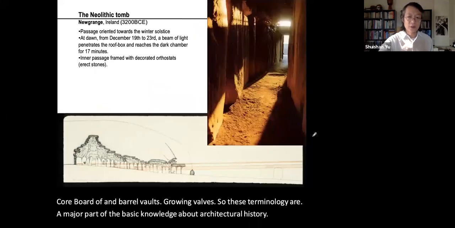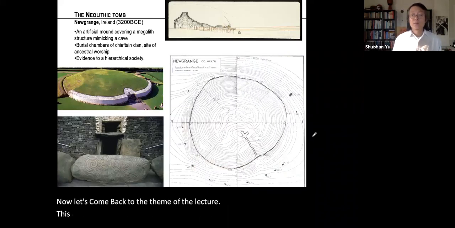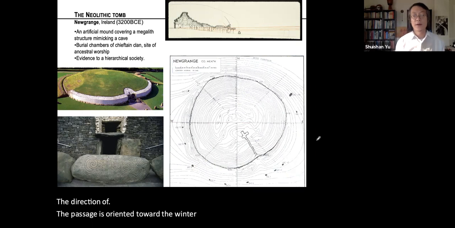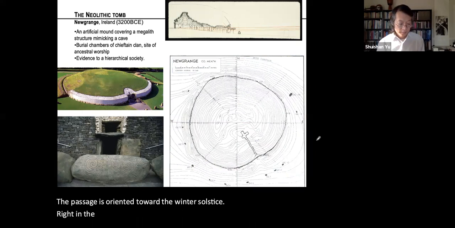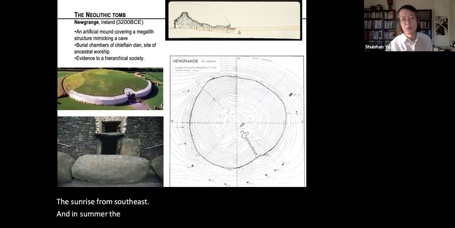Now let's come back to the theme of the lecture. This building is a defining time as well. The direction of the passage is oriented toward the winter solstice. In the winter, the sun rises from the southeast, and in summer, the sun rises from the northeast.